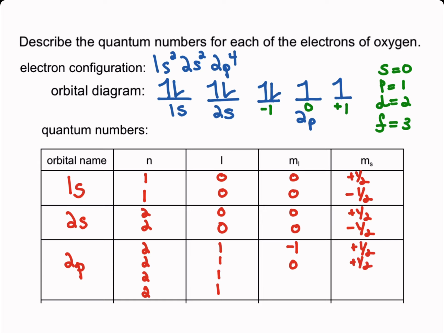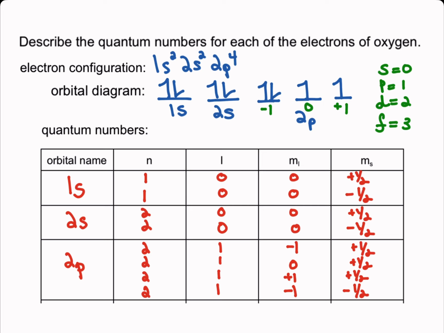The third electron is in +1 and is spinning upward. And that fourth electron comes back to -1, but is spinning downward, so we have to say -1/2. So we've described the quantum numbers for every single electron in oxygen.